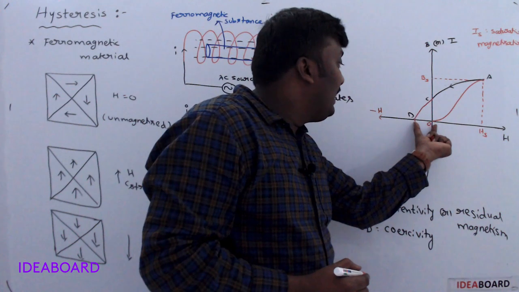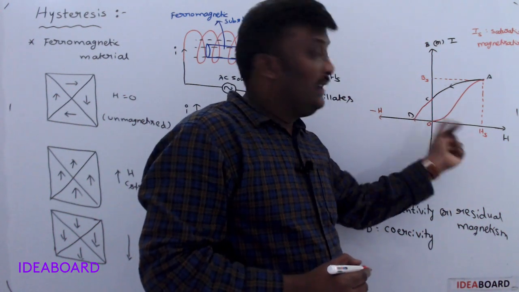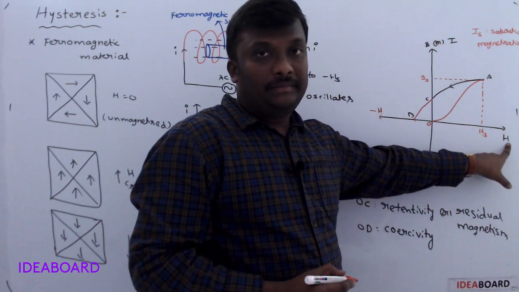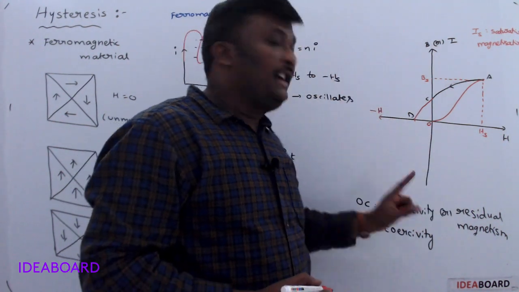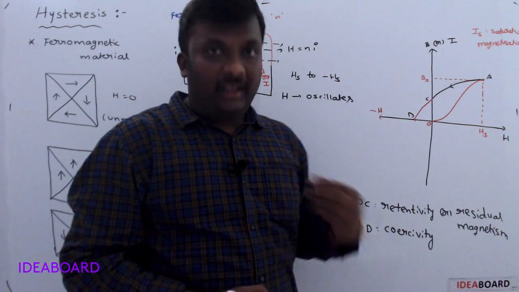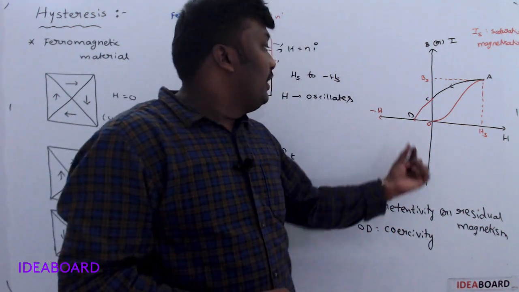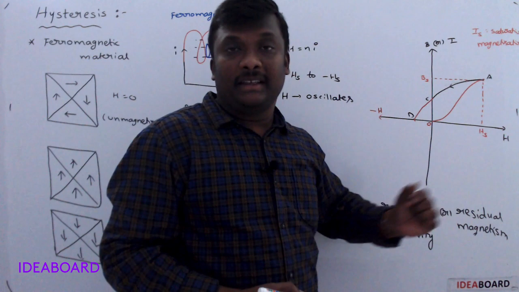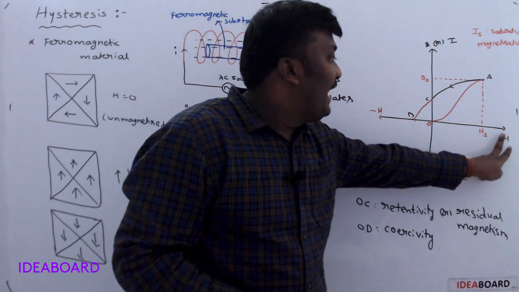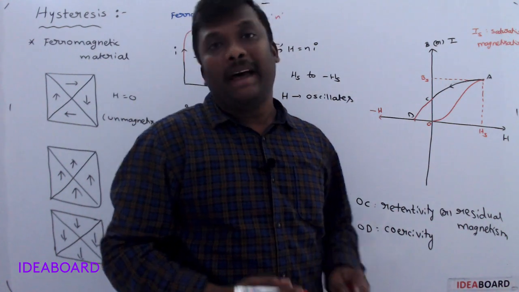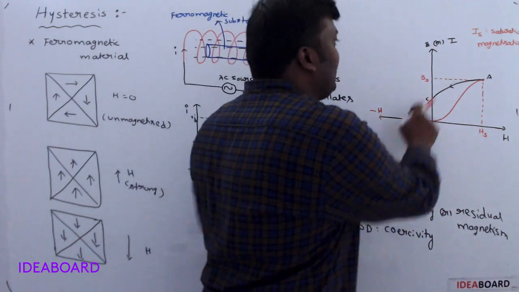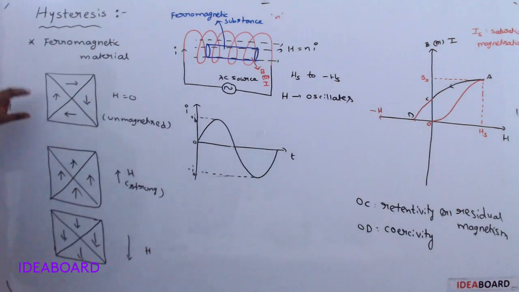So this OD is the measure of the magnetizing field required to destroy the retentivity. Again, what is coercivity? Coercivity is the measure of the amount of magnetizing field required to destroy the residual magnetism. So at this place B is 0, which indicates again the material is unmagnetized.